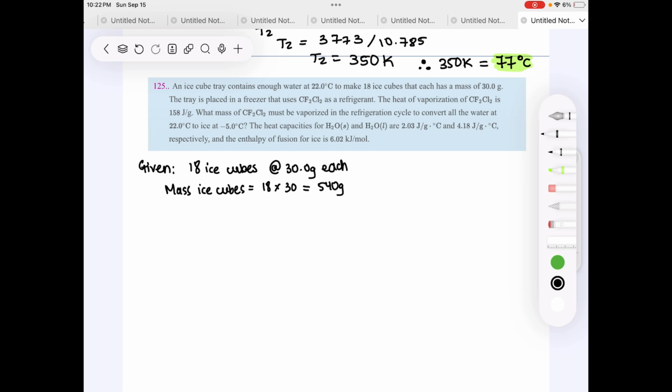Now, let us draw the chart that represents this problem. We have minus 5 degrees Celsius, 0 degrees Celsius, and 22 degrees Celsius.